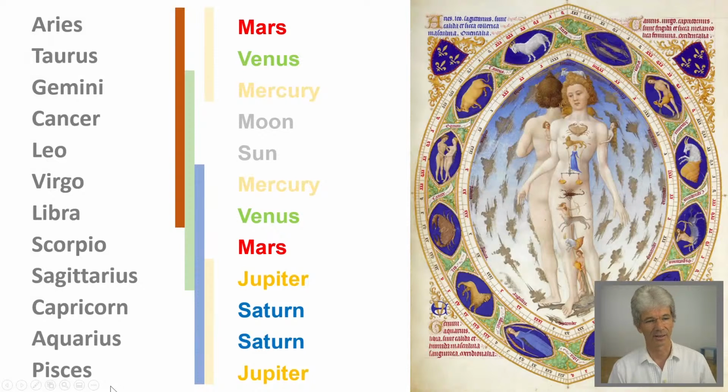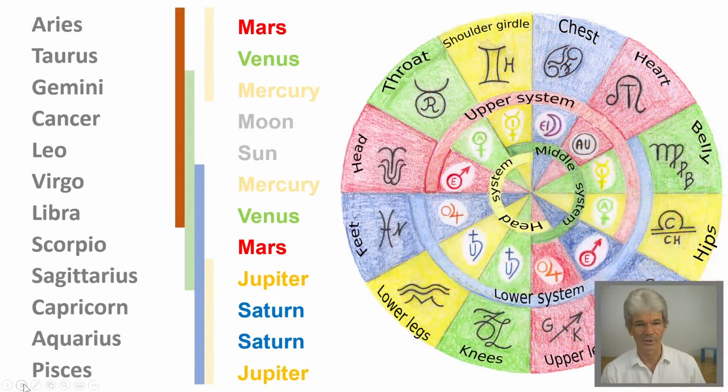And you find the yellow bar, which could be named the head-arm being, which is from Aries to Gemini, from head to shoulder girdle, and then from Sagittarius to Pisces, the members of the arm: upper arm, elbow, lower arm, and hands.